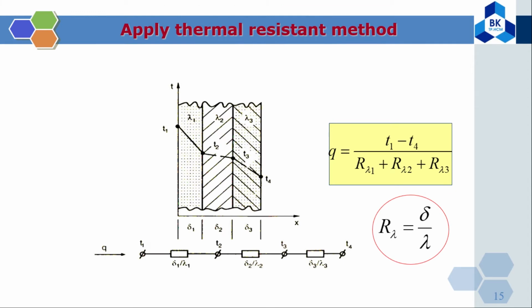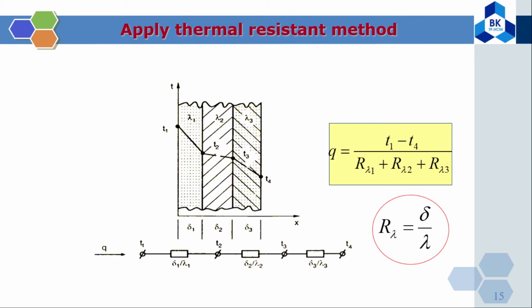So if your wall has 3 layers with different thermal conductivities and different thicknesses, the left end has temperature T1 and the right end has temperature T4.